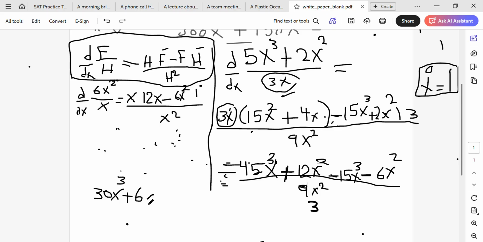The result after subtracting is 6x squared. So I simplified the top, while what's left on the bottom is 9x raised to the power 2. So that is the final answer. You can simplify it more or write it like this. It's equal to 30x raised to the power 3 plus 6x squared, all divided by 9x raised to the power 2.